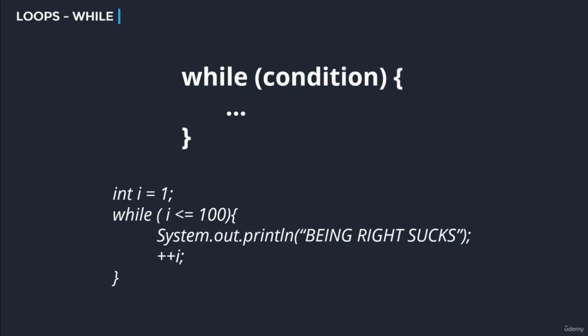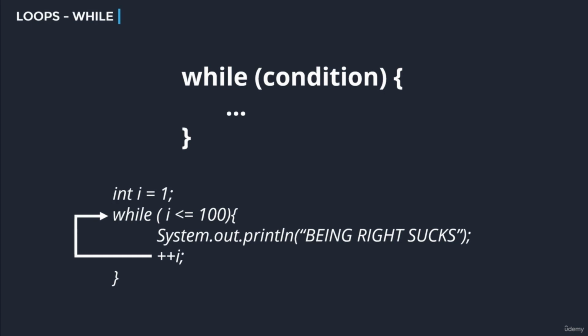After the value of I is increased, we get back to while, and Java checks whether the condition is still true. If it's true, it keeps continuing executing the code inside the curly braces. When the condition is false, it continues executing the code after the loop. It is really important to keep in mind that the value of I must be modified in the loop.